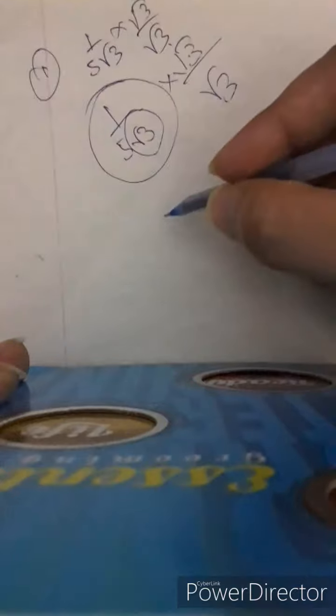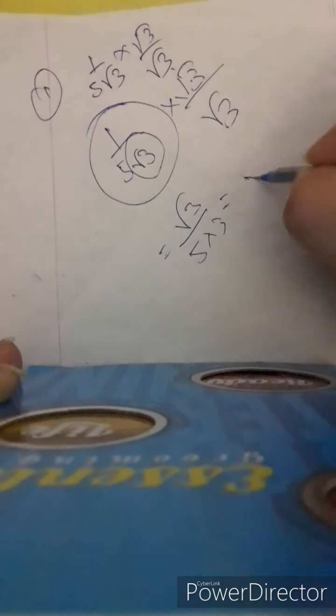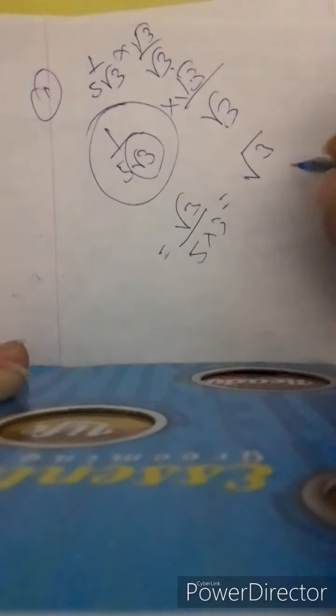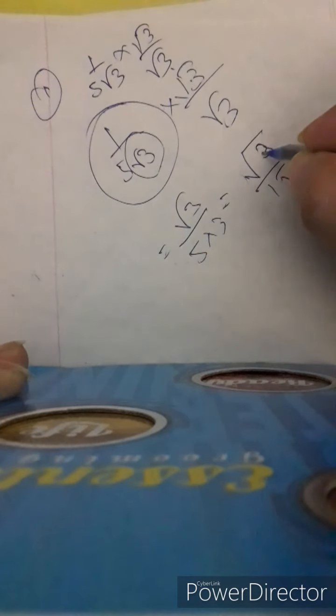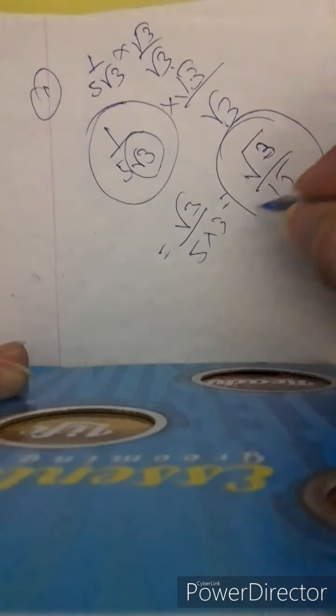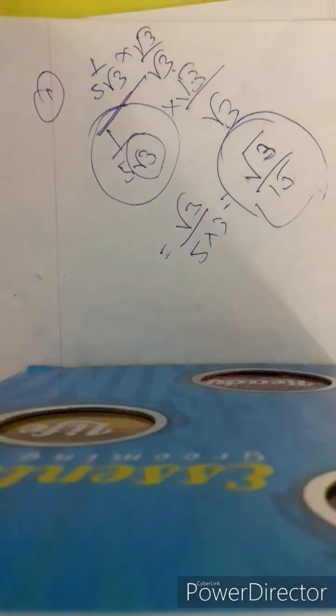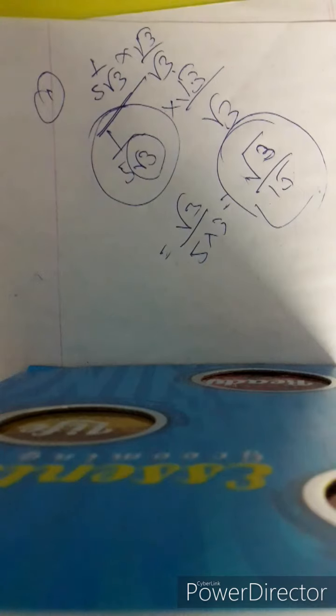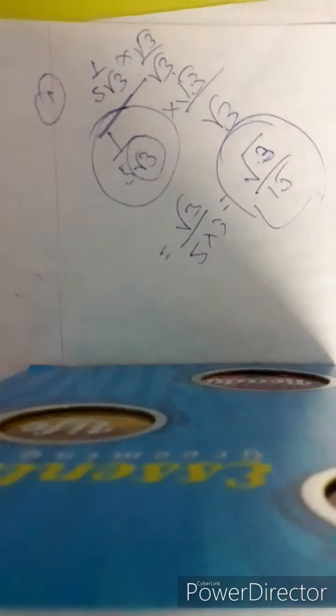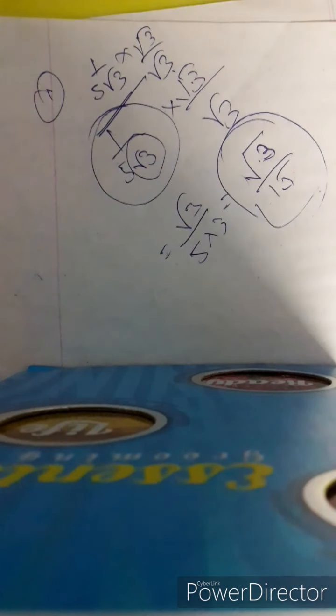Alright, we get root 3 by 5 into 3, that is root 3 by 15. This is the rational part of this 1 by 5 root 3. It is said to be rationalized, so root 3 by 15 is the rational part. I hope you are clear with this concept of rationalization.